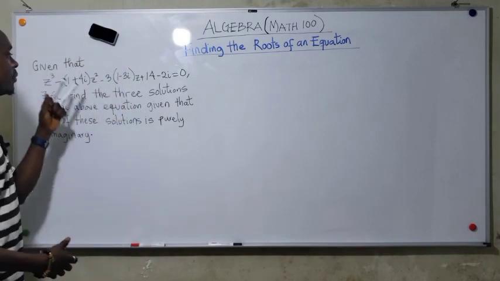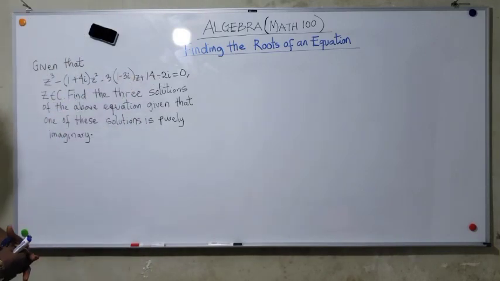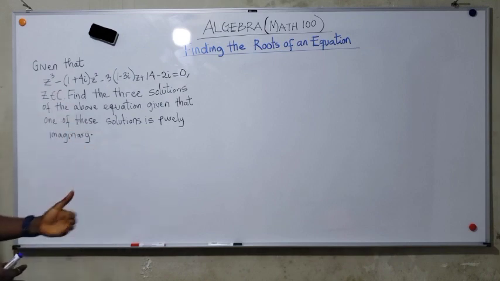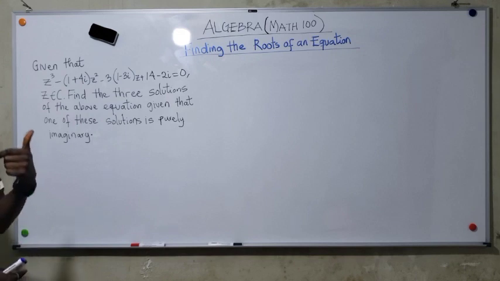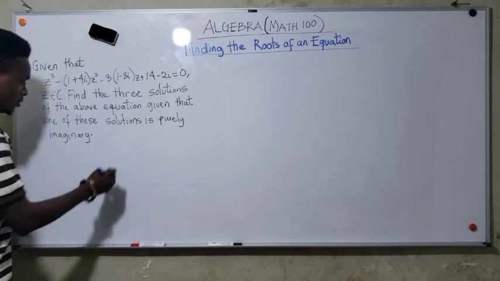So look at the equation above. This is a complex equation, where we have an imaginary and a real number solution.